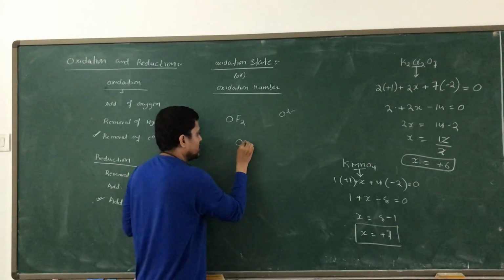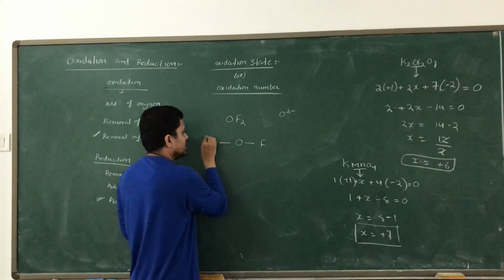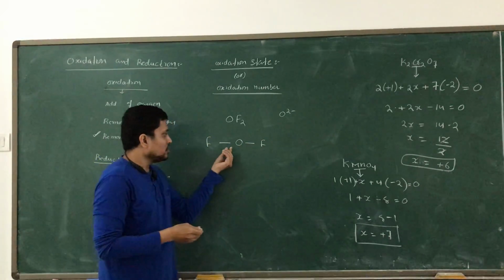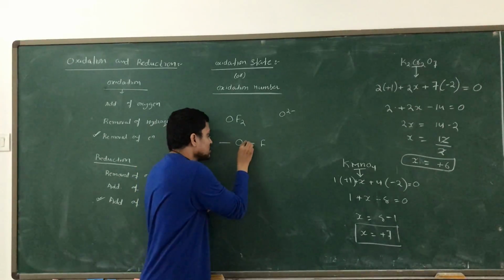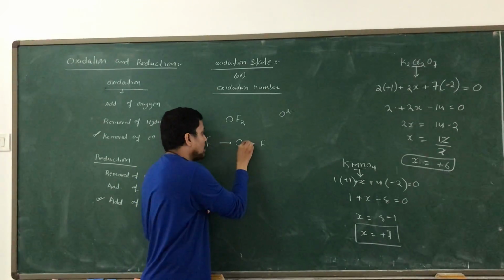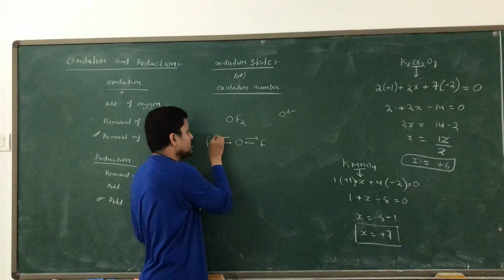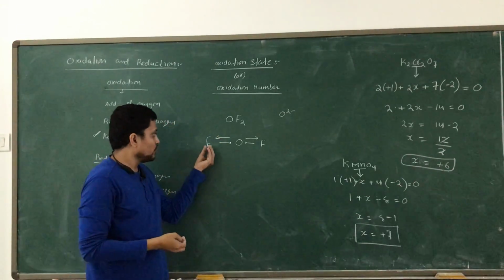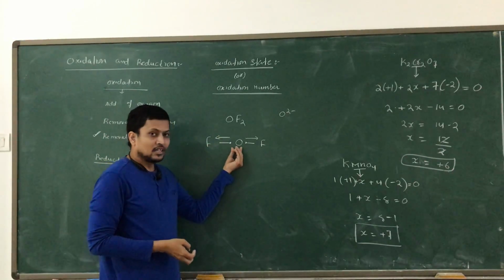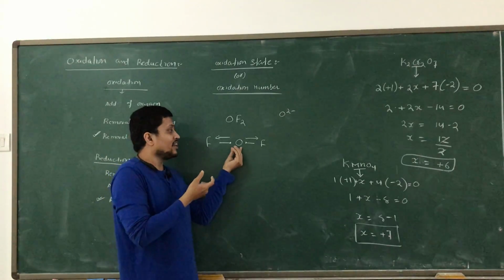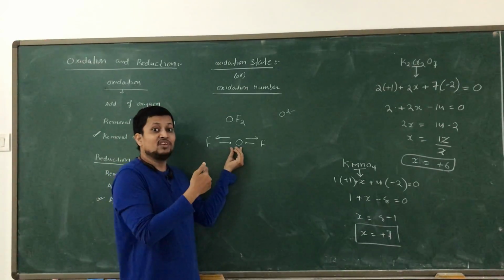See, oxygen, fluorine. In this example, oxygen's electrons are taken away by fluorine, because now fluorine is in front of oxygen. So fluorine is stronger than oxygen. This time oxygen is not taking an electron from fluorine, but this time it is giving the electron.